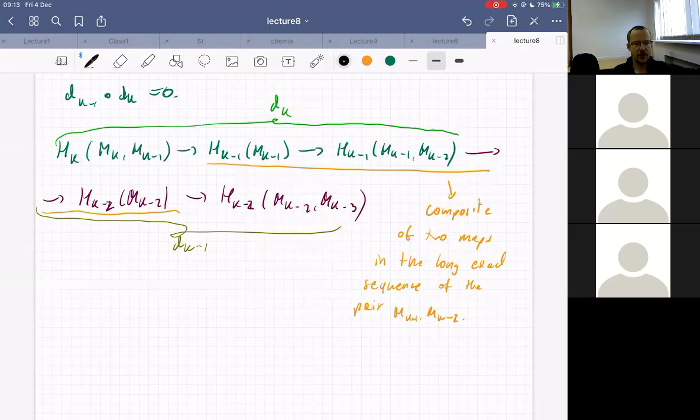So now we want to argue that dk is equal to the count of trajectories.